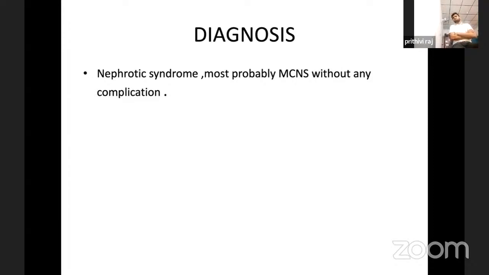After the first episode, whether they neglected it or not, because most parents are very neglectful. They will take the child only after severe edema develops. There are a few parents who are very careful, that even if periorbital puffiness appears, they will bring the child to you immediately. There are a few parents who will wait till generalized edema and anasarca develop. So you should know the attitude, how they respond to the disease.